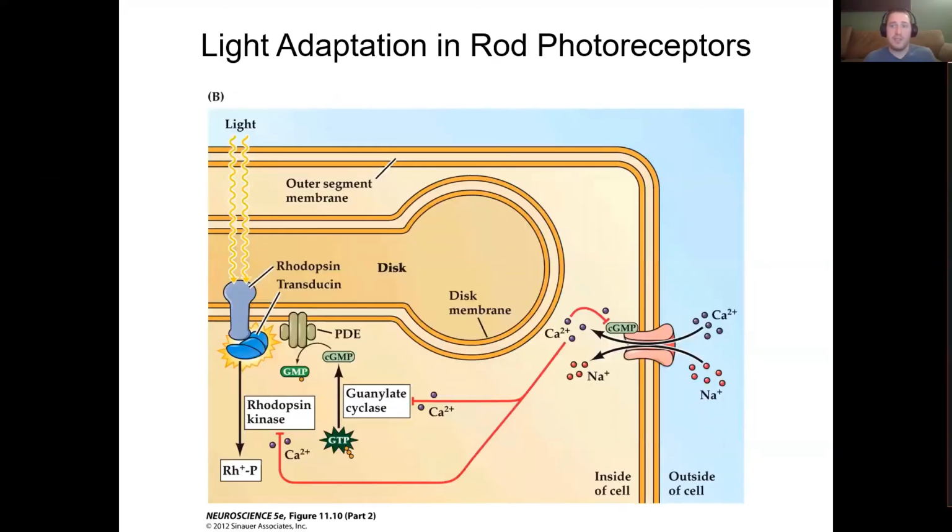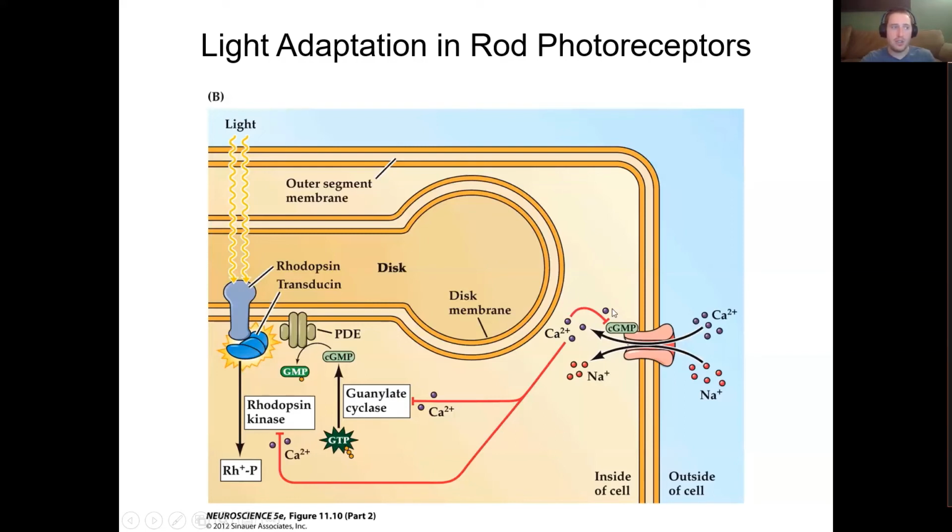But that's not enough to deal with the wide range of light intensities that we're presented with. So there's actually multiple stages of light adaptation in our visual processing. And we're just showing one of those examples that occurs in the photoreceptors, but there are others. So in the photoreceptors, calcium entry through the cyclic GMP gated channels actually inhibits the flow of more sodium and calcium into the cell.